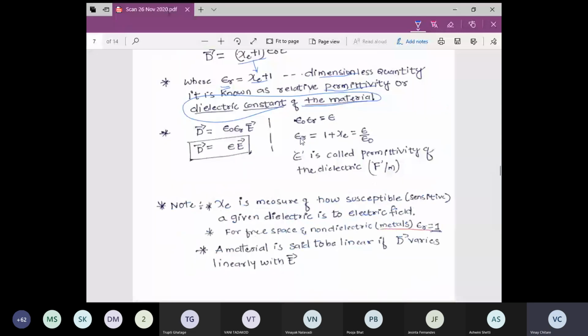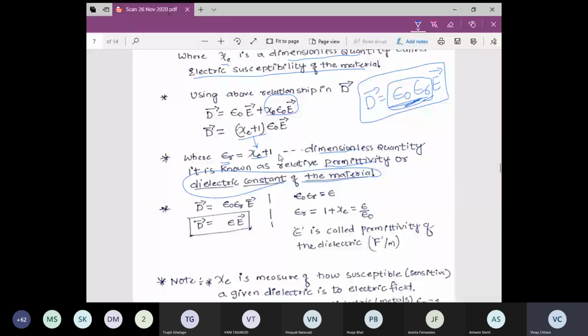We know epsilon R and chi are dimensionless quantities, whereas epsilon is not dimensionless; its unit is farad per meter, as epsilon is the absolute permittivity, or the permittivity of the medium.